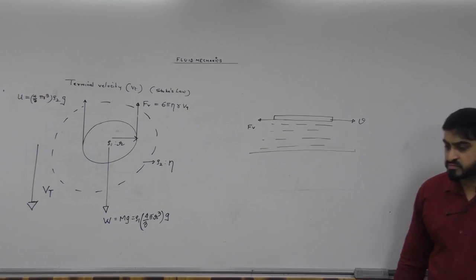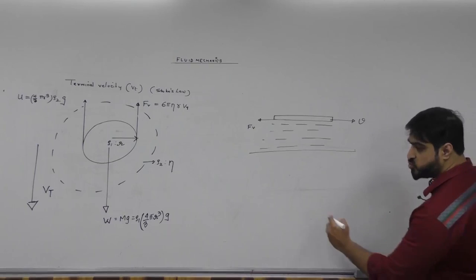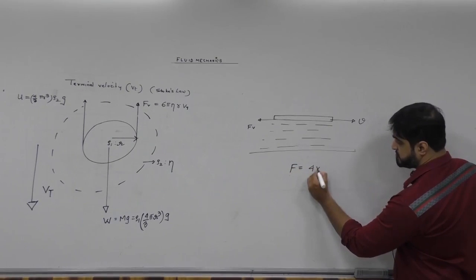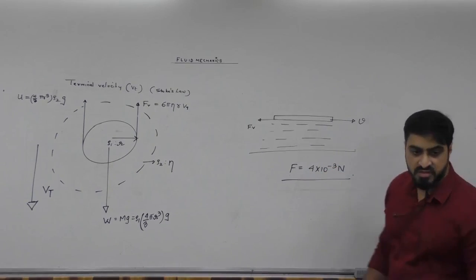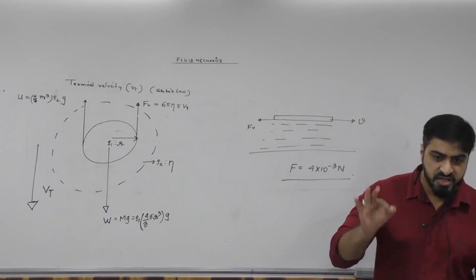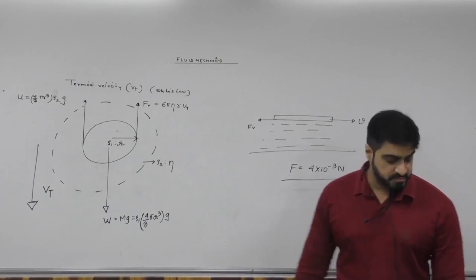Answer: 4 and 2, 10 raised to -3 Newton. This is the answer. ठीक है बेटा. कौन सा फॉर्मूला? Eta A dV by dy. ध्यान रखना. This is the concept. Next question. Write fast.